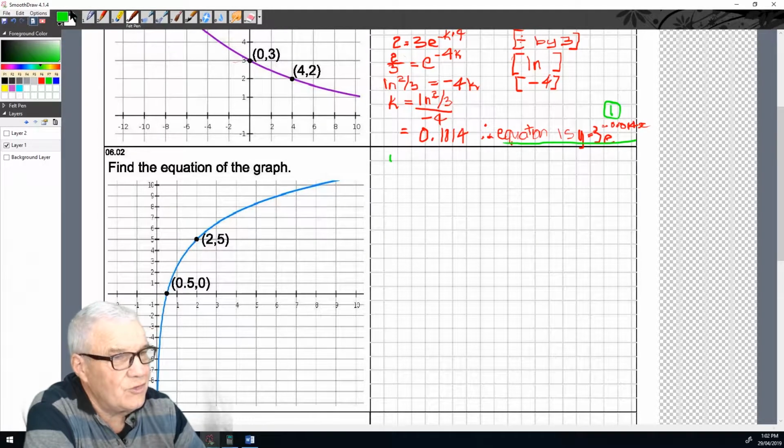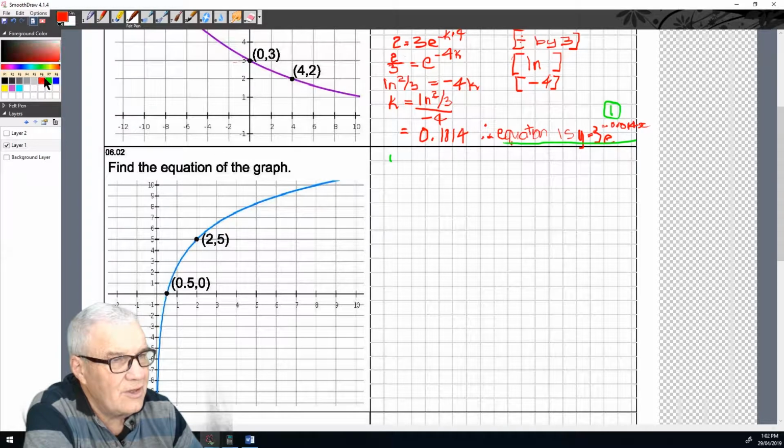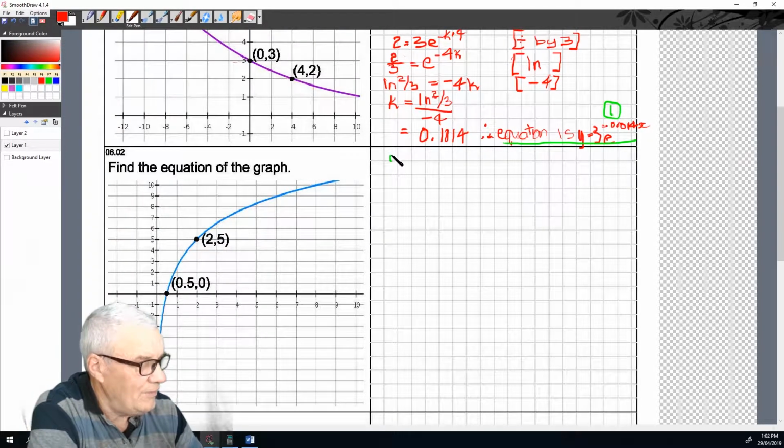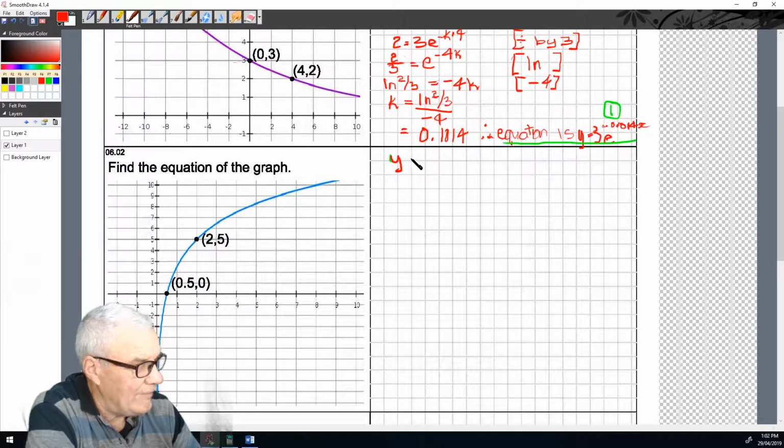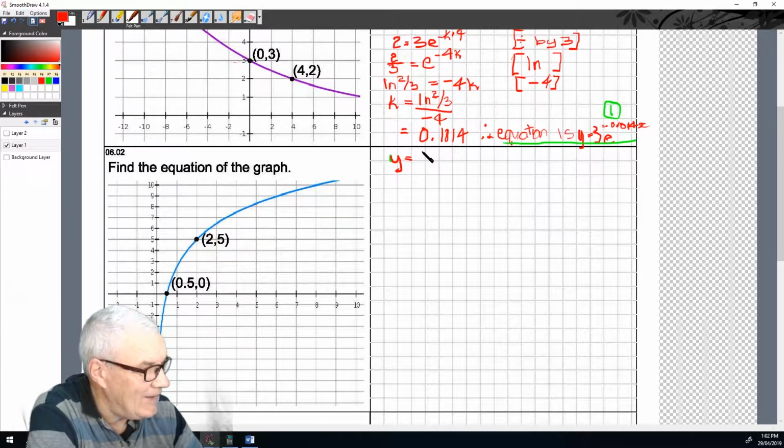Oh, we don't want to do this one in green, do we? No, we want to do it in red. So the standard form of the log graph for this type of question here is y equals a natural log b times x.